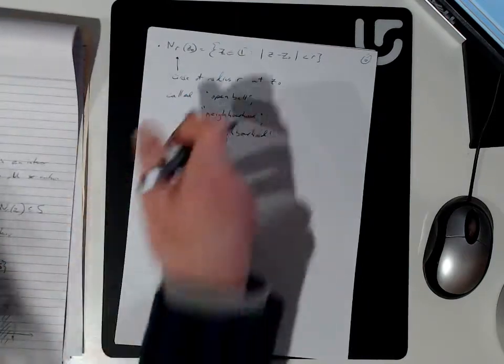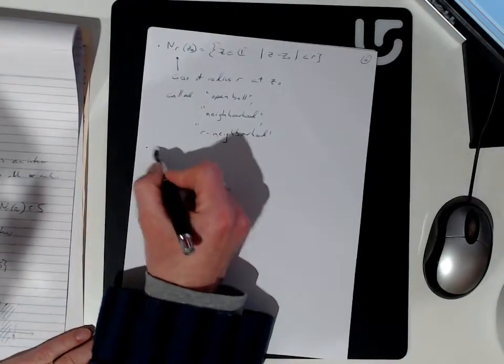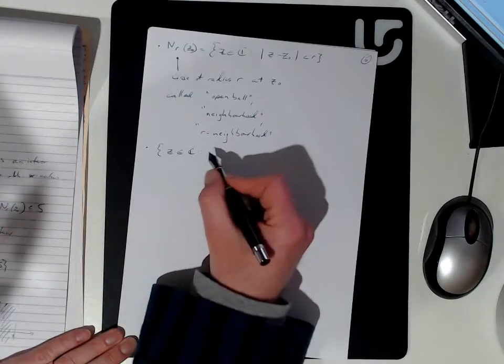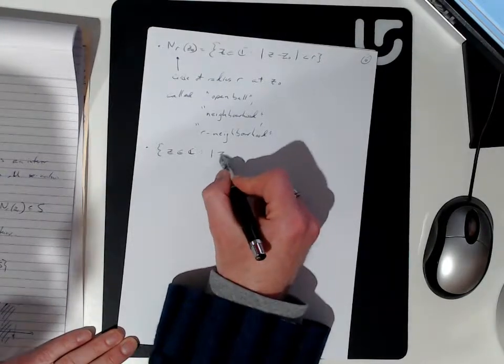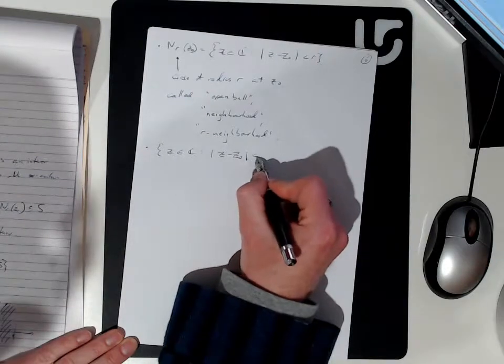What's something like this that isn't open? So the set of complex numbers z so that z minus z0 for some particular z0 is less than or equal to r.